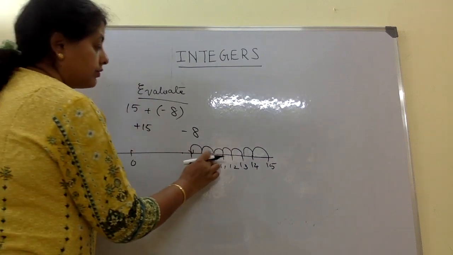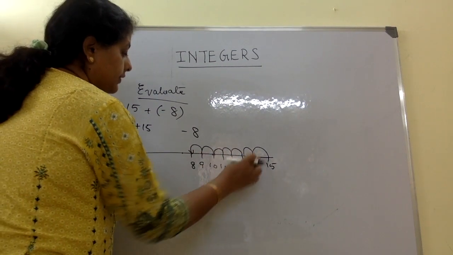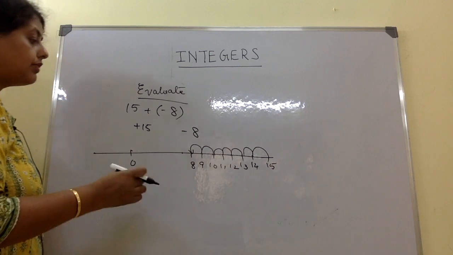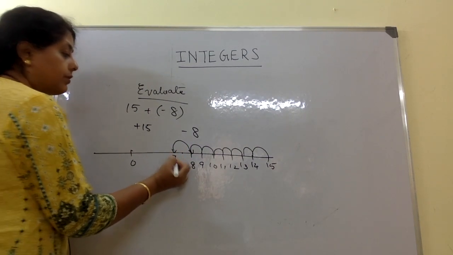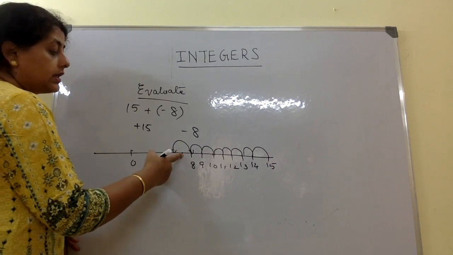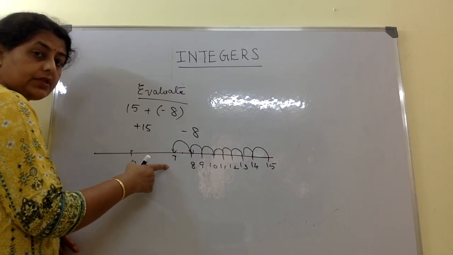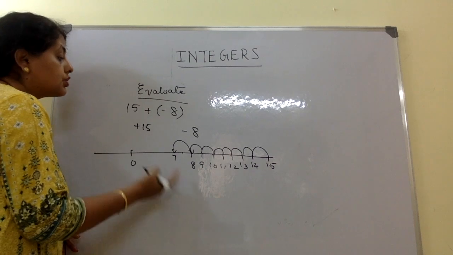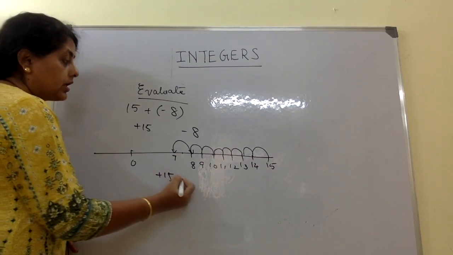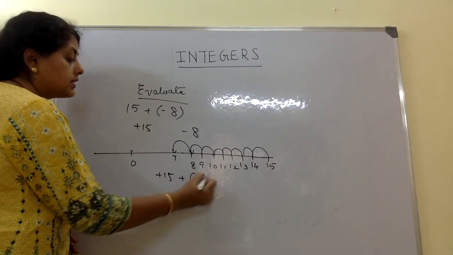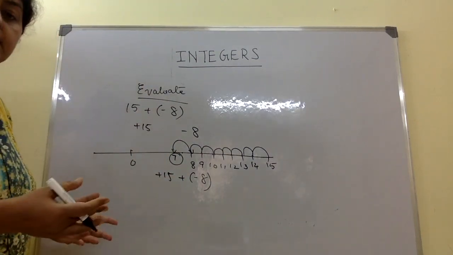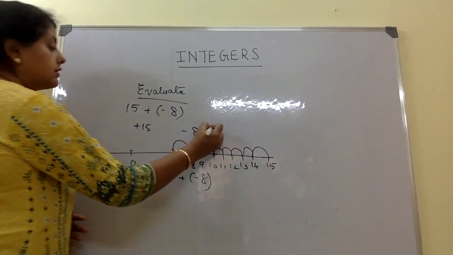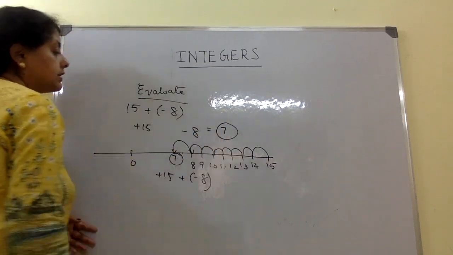And we'll go one more place, that is now 7, because we have to go 8 places. Now we have finished 8 places, we have reached 7. So 15 plus -8, the answer is 7. That is where you reach finally, that is your answer.